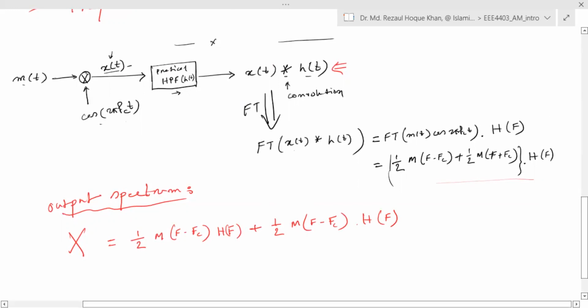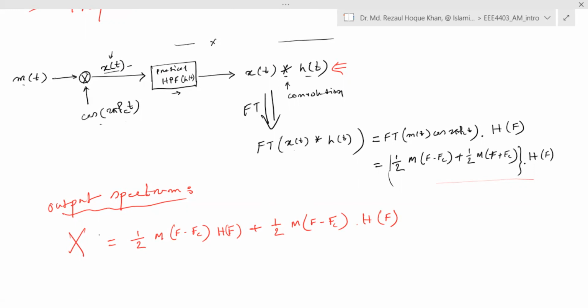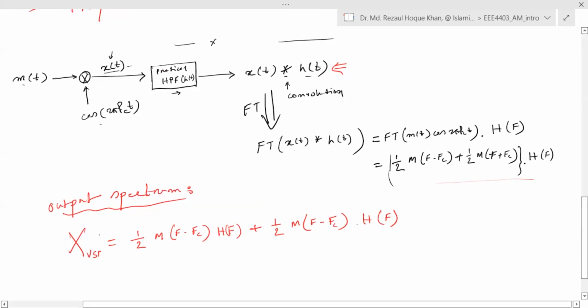So this is actually X, which we call X VSB, the vestigial sideband signal.